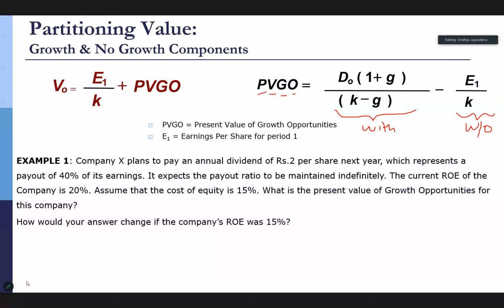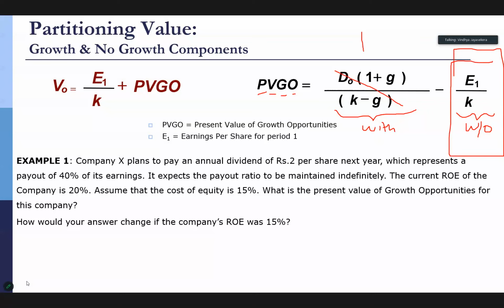So for the ease of doing the sums here, we will use the constant dividend model when we look at the company with growth, but it doesn't have to be. The company will have some value with growth. It doesn't need to be constant growth. But we know what the value of the company is going to be without any growth.